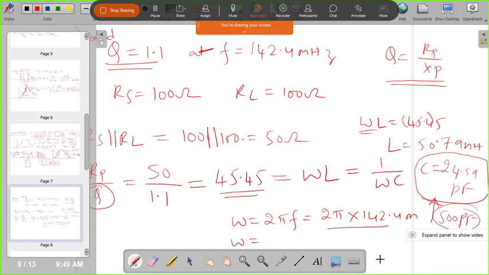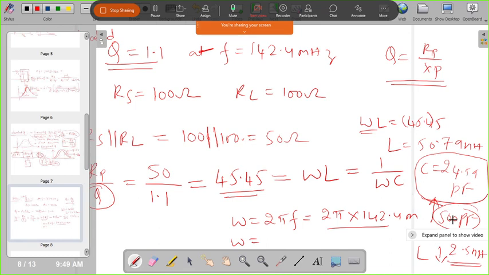And I can decrease L from 50 to around 2.5 or 2, you can give any value. You can reduce to 25 nanohenry or 20 nanohenry, whatever it is. Correspondingly you have to calculate the new Q.